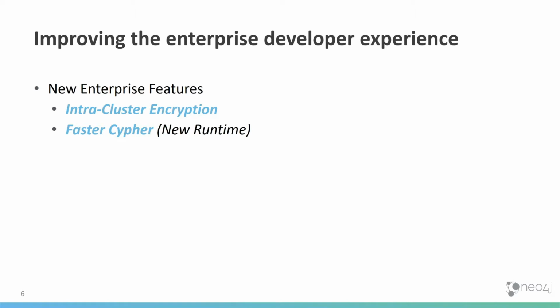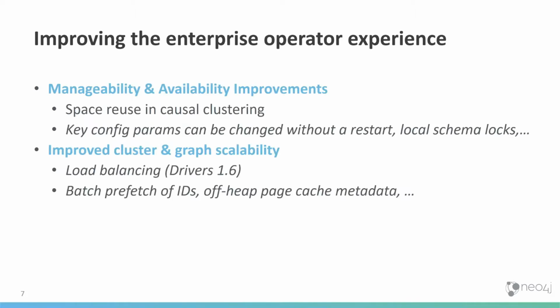So new capabilities we've introduced: intra-cluster encryption, as well as improving the execution of Cypher queries themselves. And on the enterprise operator, the admin side, making manageability improvements, improving space reuse, and making it so that you don't have to always restart Neo4j when you have configuration parameters that you're changing.